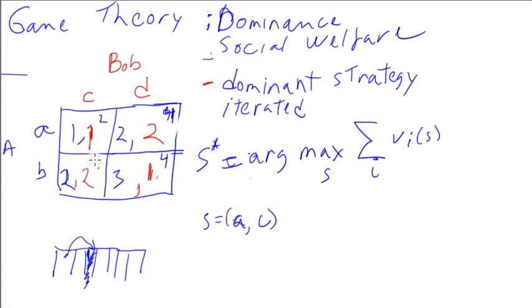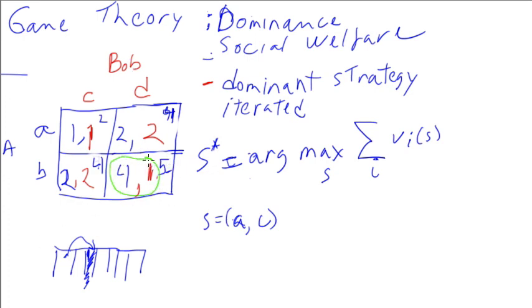Because they're all worth 4, and that's the sum of everybody's payoffs. Let's break the tie. Let's say this was a 4 here instead of a 3, so then the sum is now 5. Now this is the social welfare strategy, BD, right? So that would be our winner.